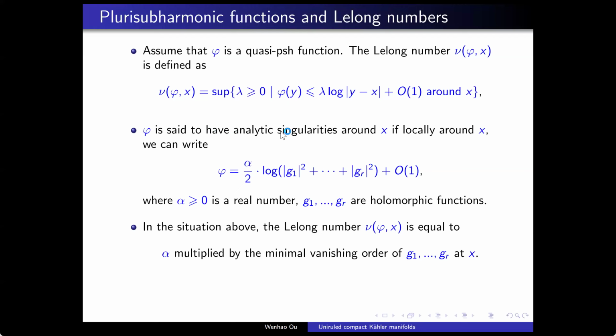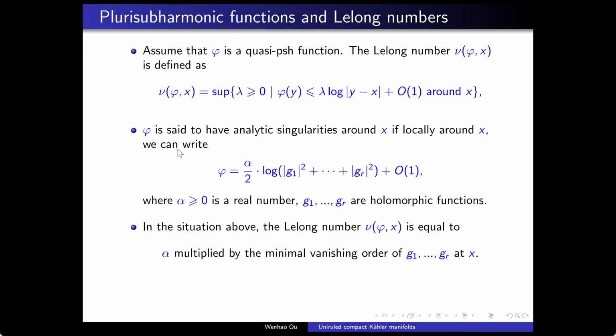So phi is said to have analytic singularities around a point x if locally we can write phi as alpha times the log of a sum of squares of |g_j|, with alpha a positive real number, plus something bounded. Here, every g_j is a holomorphic function around x. This is a PSH function, and if a function can be written in this shape, we say that phi has analytic singularity.